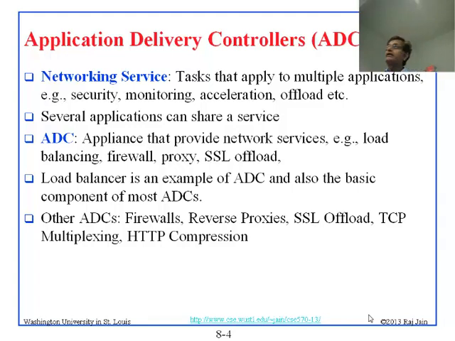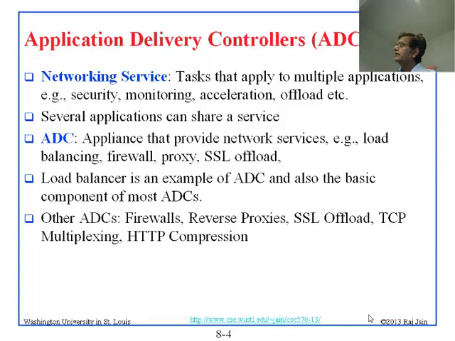So these are all what we call network services, which are really not specific to an application. Actually, they would be used for a particular application, but they can be used for multiple applications. And therefore, several applications can share a service. All right? And the appliance that provides the service is called an application delivery controller.